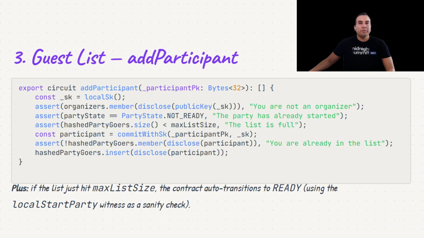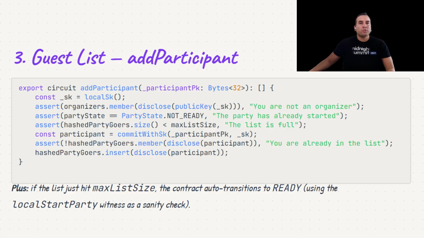What the helper does is hash the participant public key together with the organizer secret key. So the stored value is scrambled in a way that nobody but this specific organizer can recreate. Fourth check. This exact commitment isn't already in the set. Then and only then we insert it.